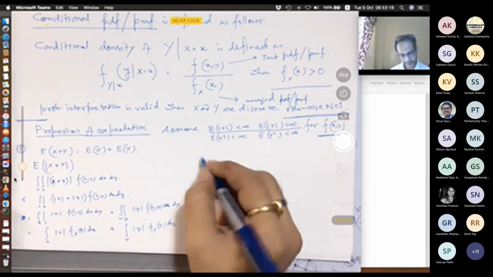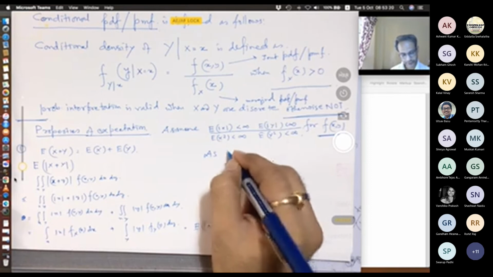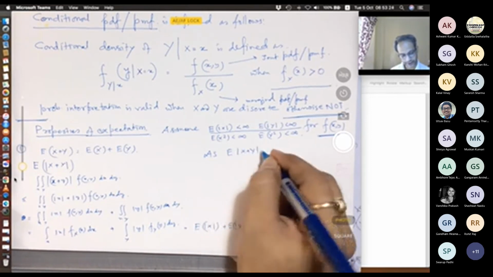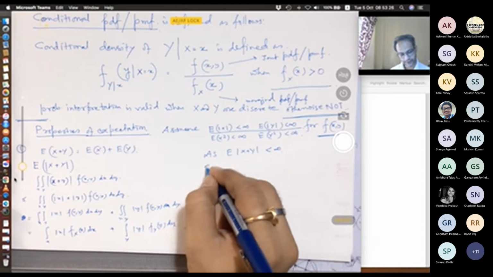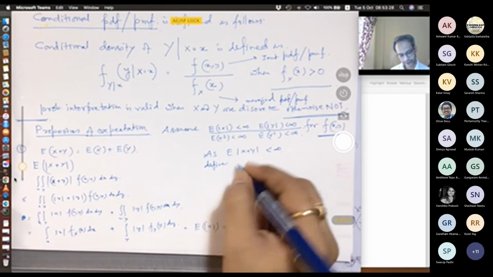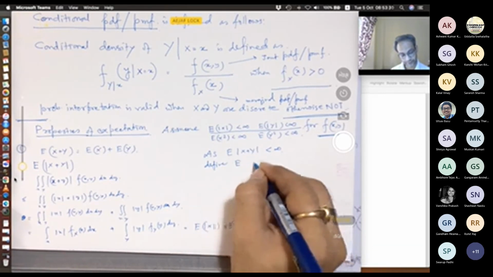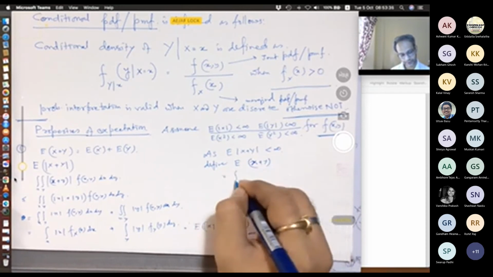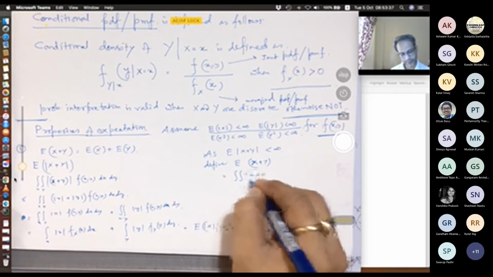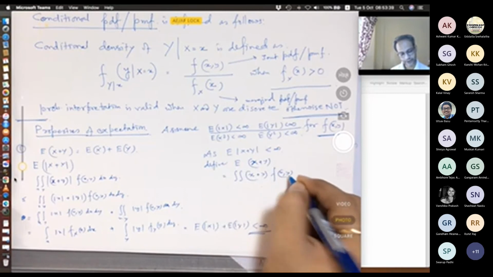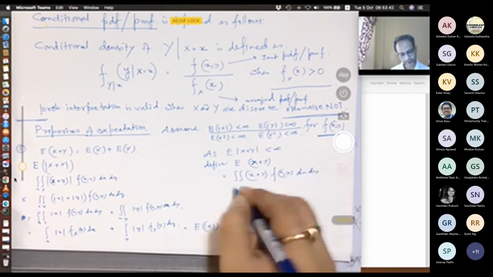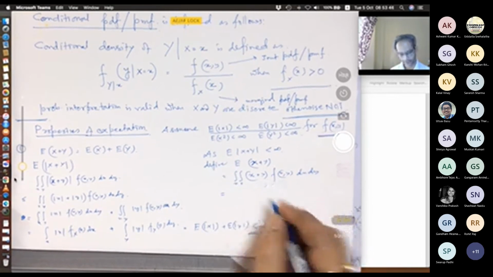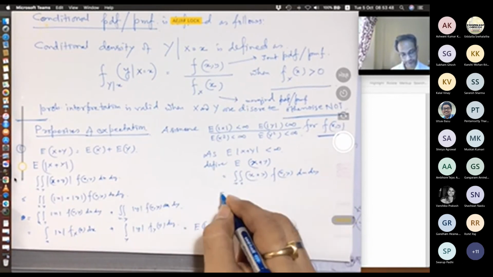Now as expectation of |X+Y| is finite, define expectation of X+Y equal to double integration (x+y) f(x,y) dx dy, and if you again split it and do all similar kind of work, now equality will hold.